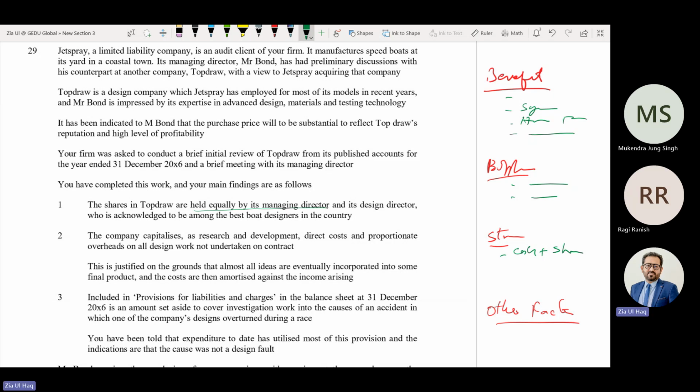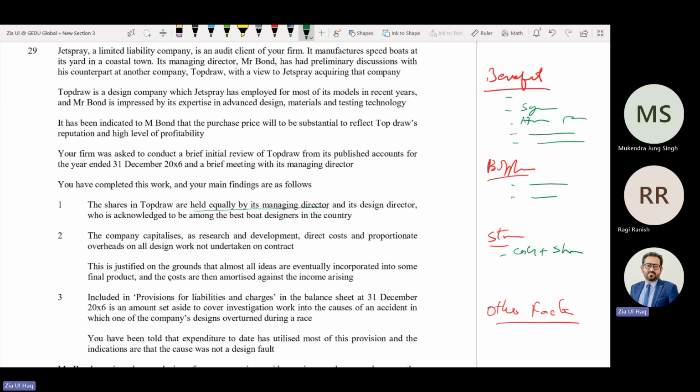The company capitalizes as research and development direct cost and proportionate overheads on all design work not undertaken on contract. The company has invested in R&D, and that R&D benefit will accrue in future, and those benefits will help the organization to manage the business profitably. So this is a benefit.